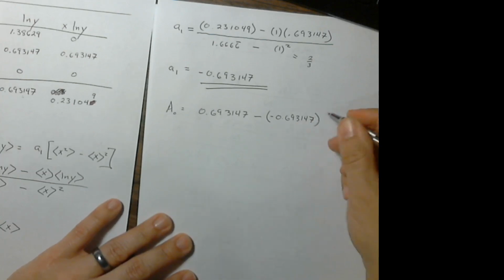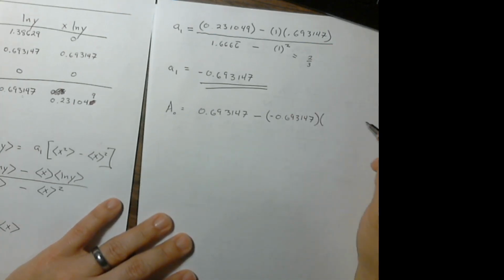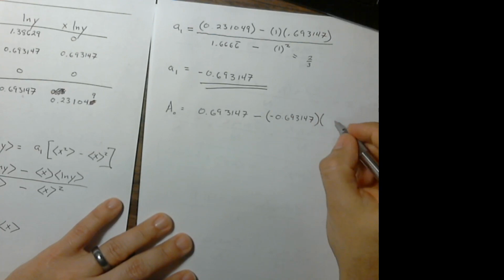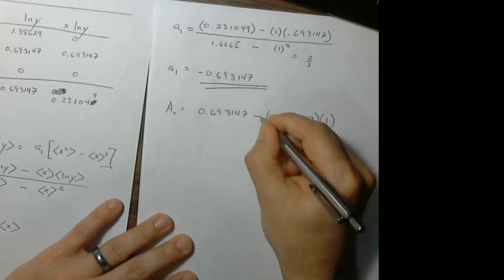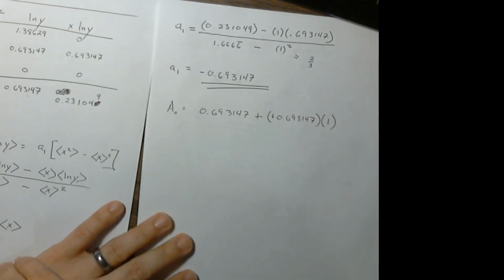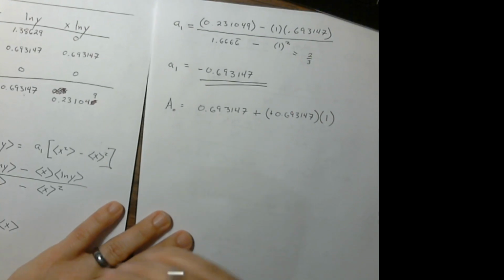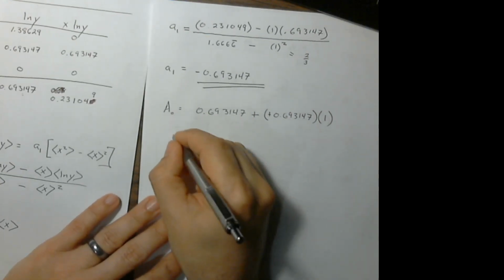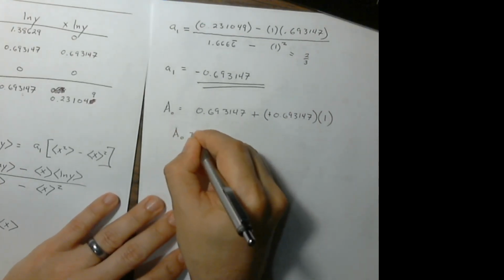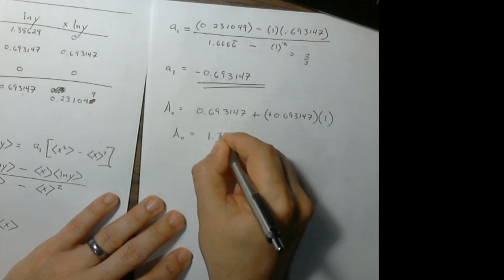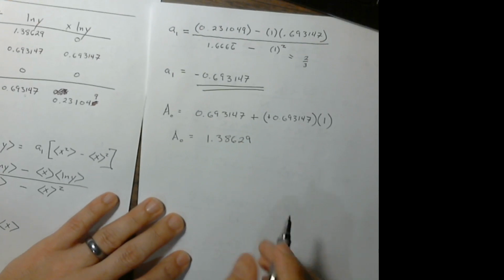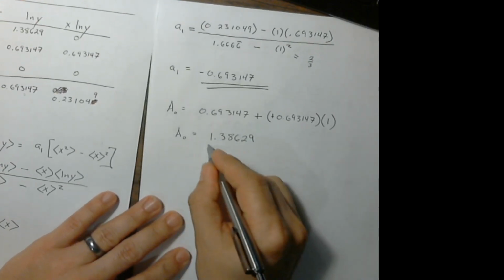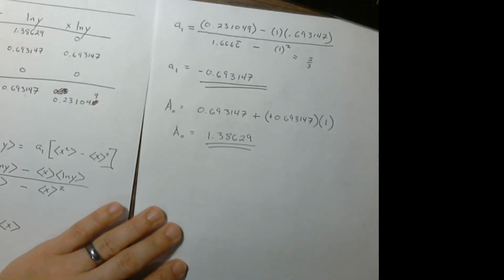Times expected value of x, which was just 1. Fortunately, all right, and so A naught is this.